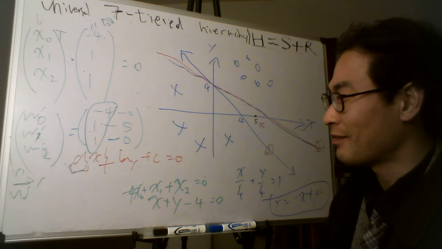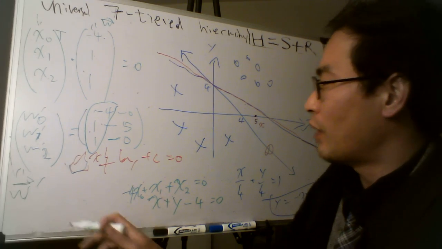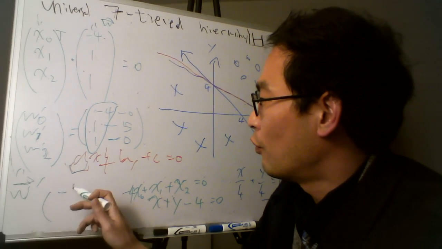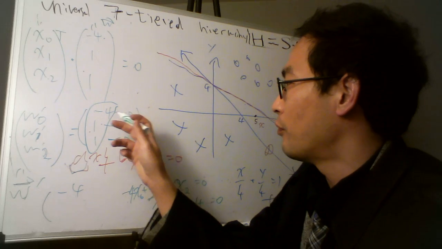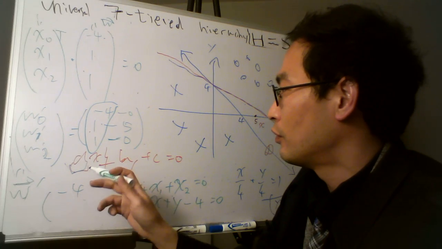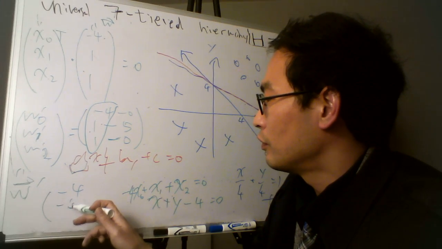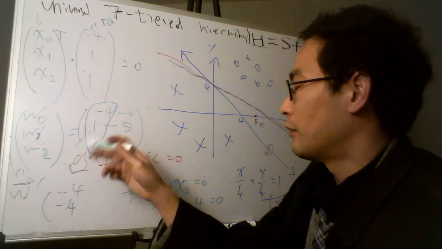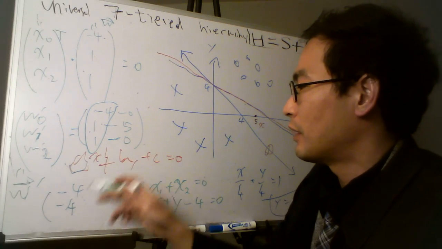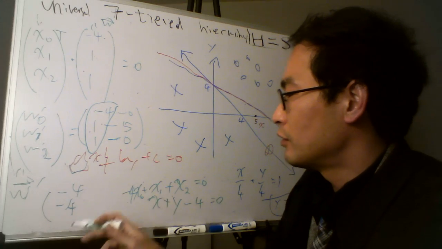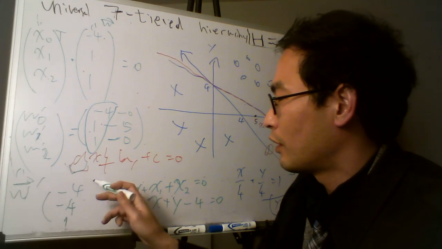Now this brand new weight vector would be minus 4 minus 0, which is minus 4; and then 1 minus 5, which is minus 4; and 1 minus 0, which is 1.